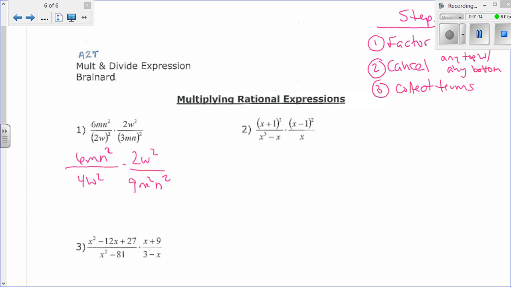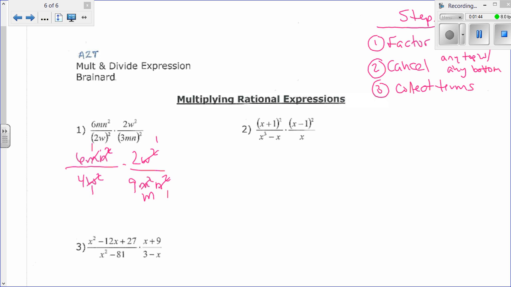Now I just need to cancel out what they have in common. I see a w squared here and a w squared here, so they cancel out. I see an n squared here and an n squared there, so they cancel out. I see an m with an m squared, so my m squared becomes m, and my m cancels out completely.